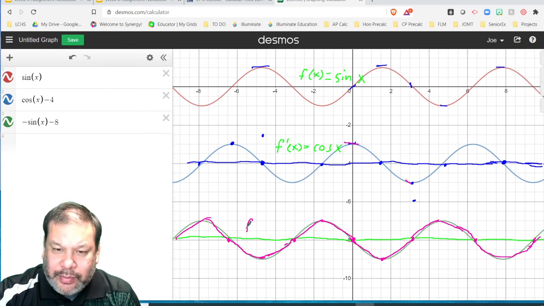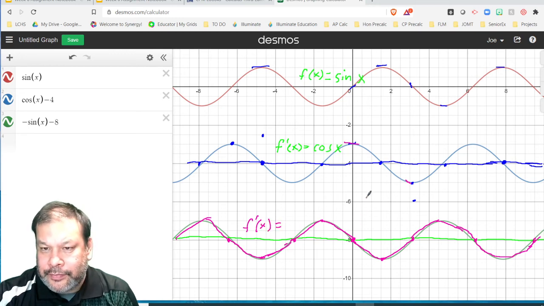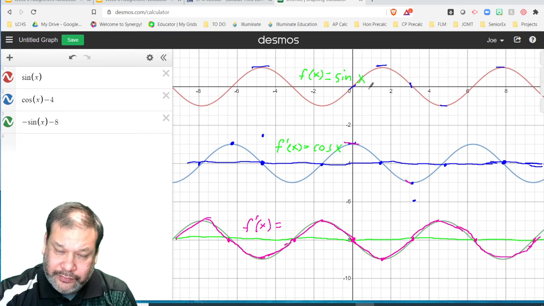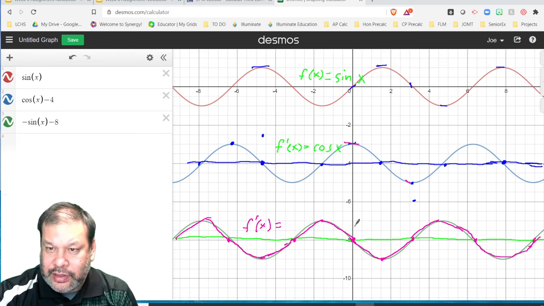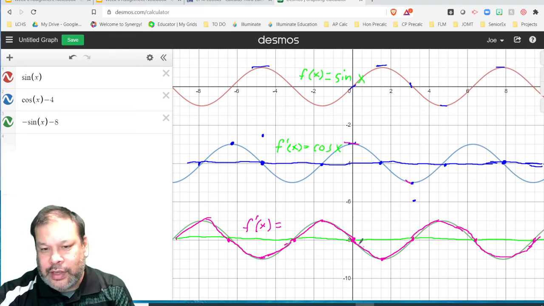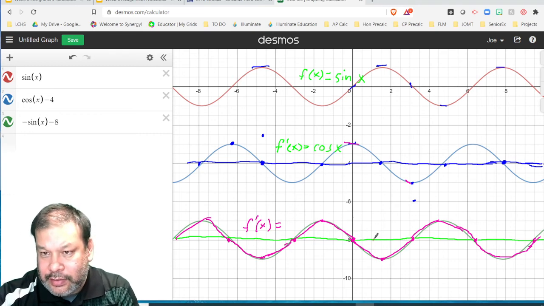And this f prime of x is also a sinusoidal function, of course. But if you see, it's the same. It's 0 here, the same as sine of x, but instead of increasing like sine of x, it's decreasing. So it's flipped, and it's flipped everywhere.